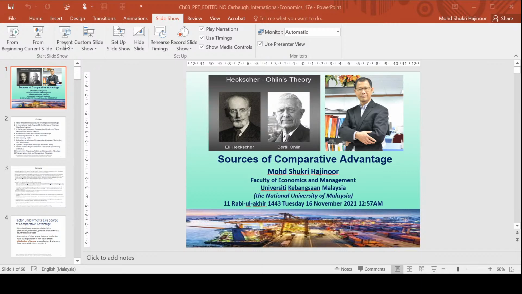So we have Heckscher and Ohlin, two persons. Factor endowment is a source of comparative advantage.